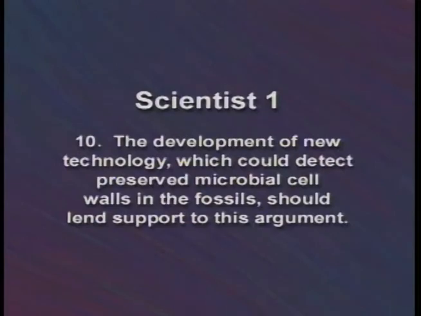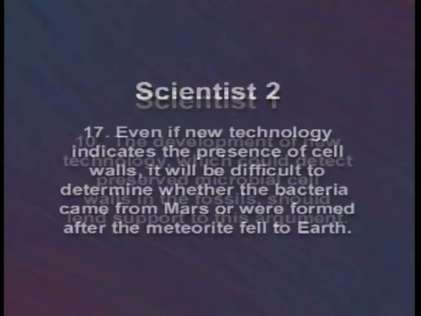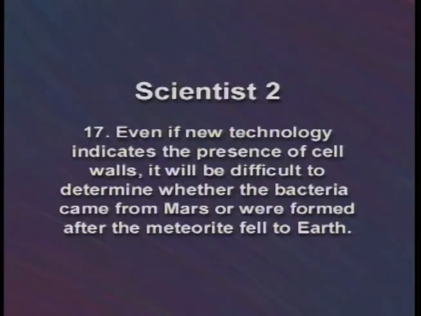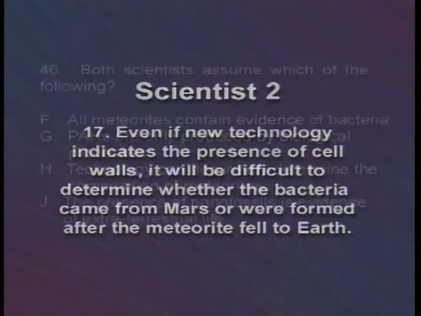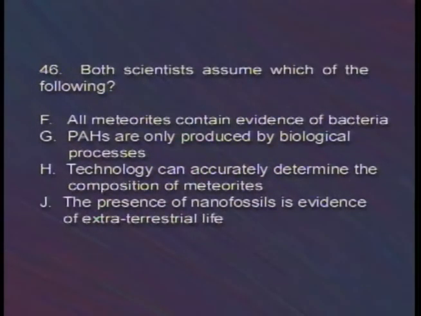Scientist 1 argues that new technology would help the argument, while Scientist 2 suggests that new technology will support the opposite position. Both scientists assume that testing will determine the composition of meteorites. They only disagree about the interpretation of this composition. Finally, only Scientist 1 argues that nanofossils can be left by bacteria on Earth. The correct answer is H.